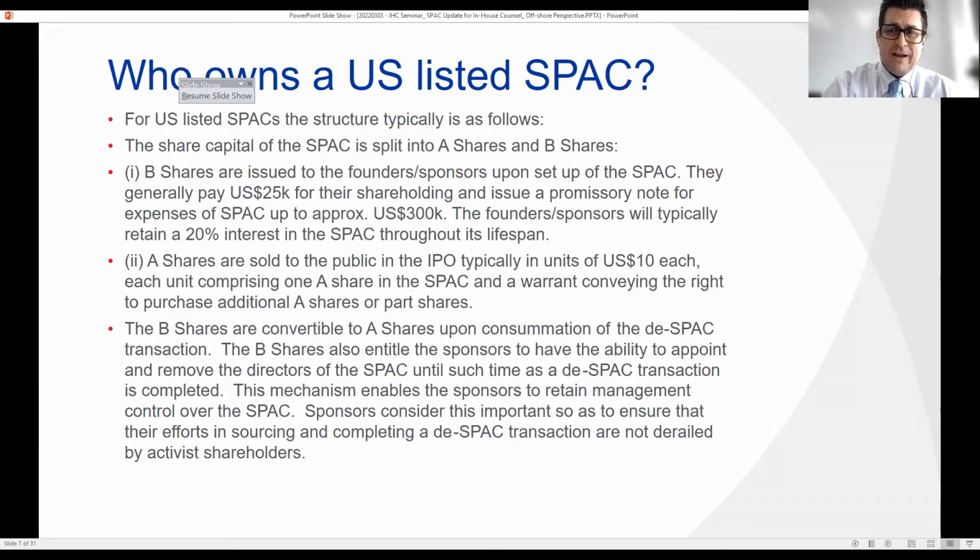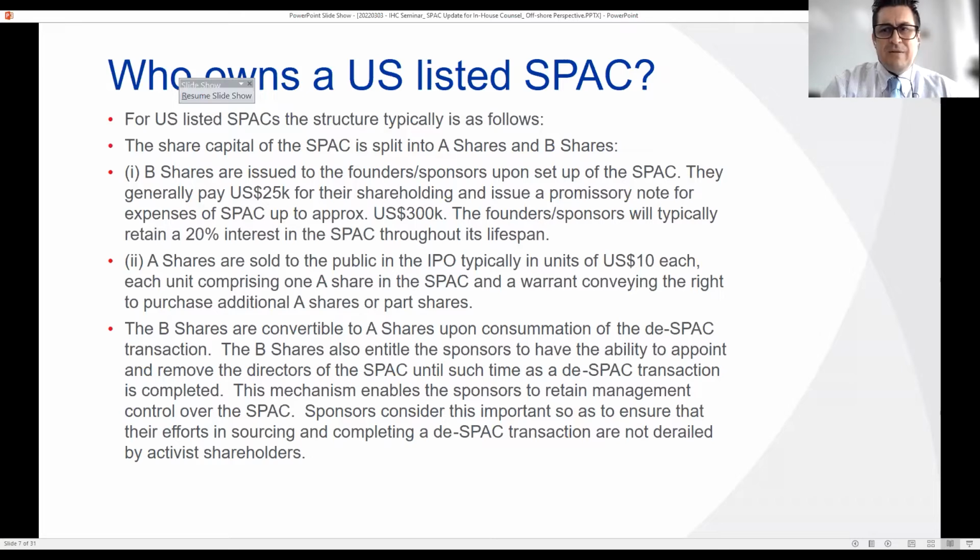The reason is that the sponsors don't want to go to the trouble of setting up a SPAC, finding a target, and doing all that they want to do to make the de-SPAC a successful transaction, and then potentially get voted off the board by other shareholders at the last minute. So they want to make sure that they're in the driver's seat until such time as the de-SPAC is completed. That's why that voting right is there.